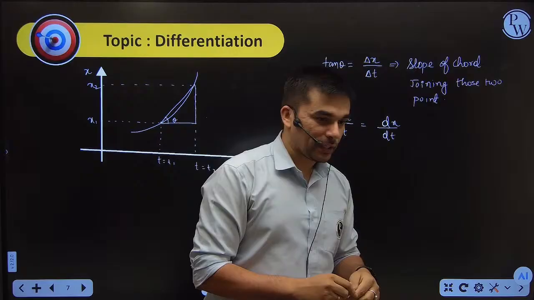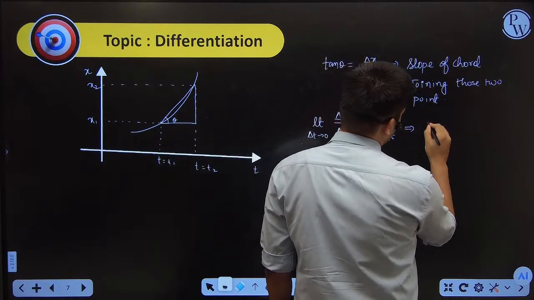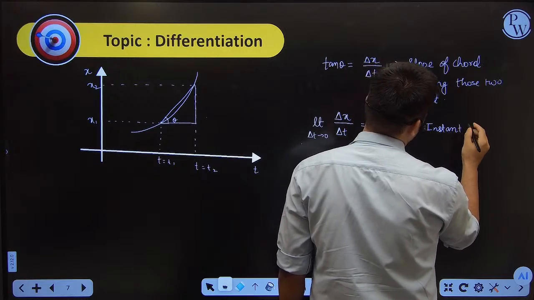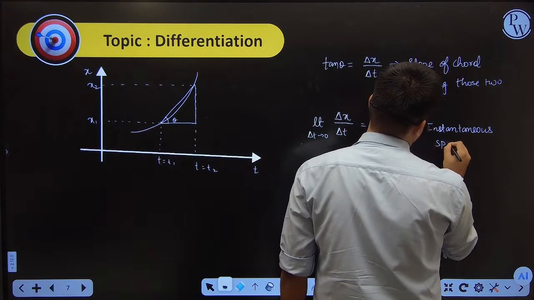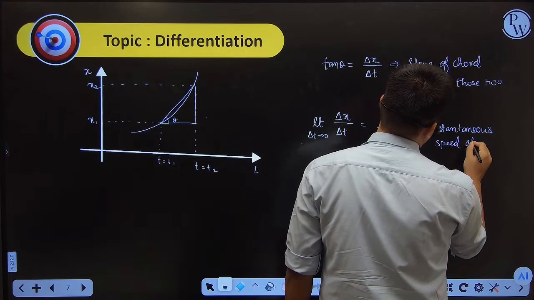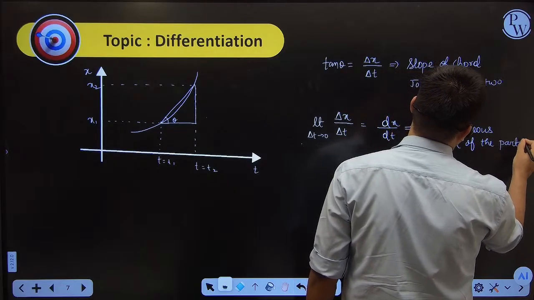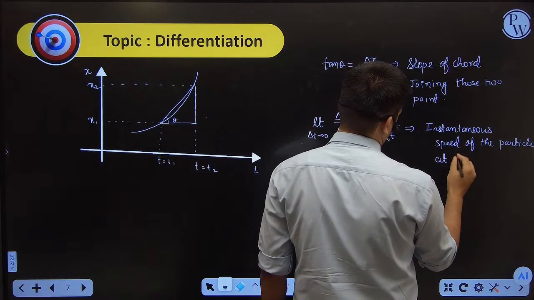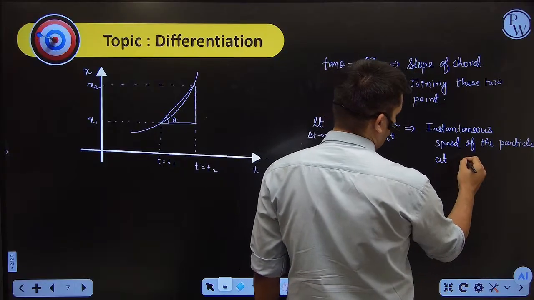So write down this point. This quantity gives you what? By that logic, we call this the instantaneous speed of the particle at, let's say, t1, because we were talking about t is equal to t1.